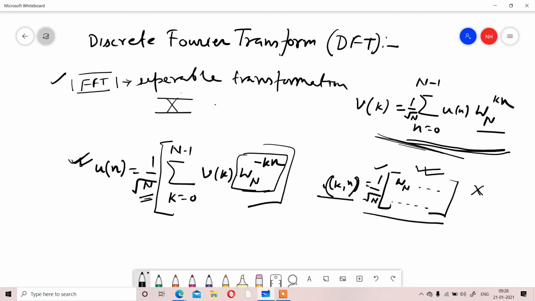Anyway, what I am trying to say is that in FFT we represent the butterfly diagram as a structure to calculate the discrete Fourier transform.